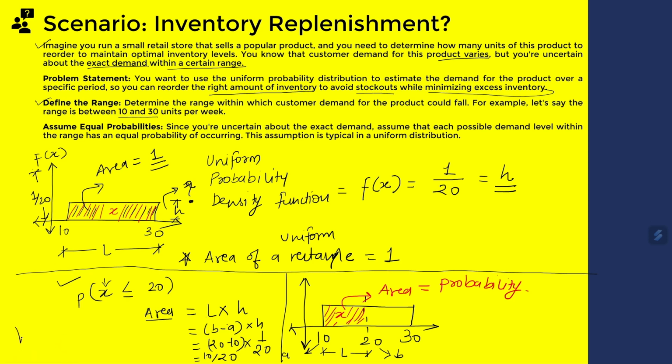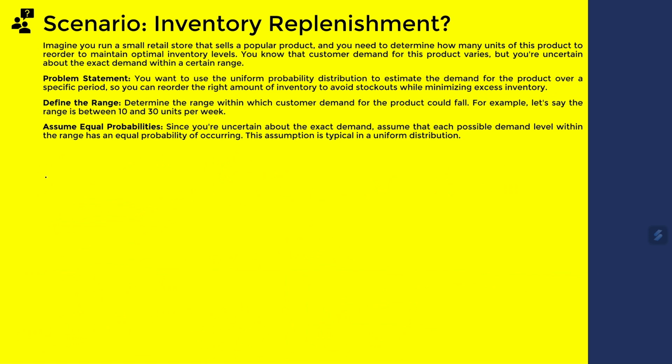So the area is 0.5. It means that for units less than or equal to 20, the probability is around 50% as per our calculations.